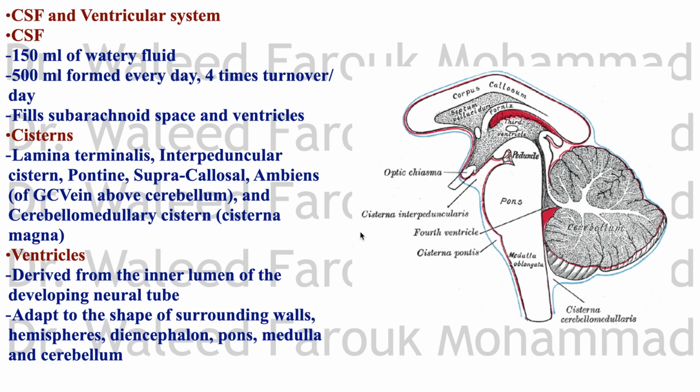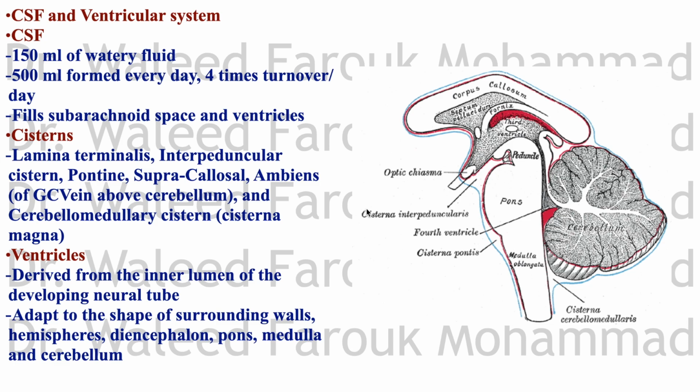The CSF is about 150 milliliters of watery fluid. It has 4 times turnover a day, meaning that 500 milliliters are formed every day, and forms cisterns, as mentioned before.